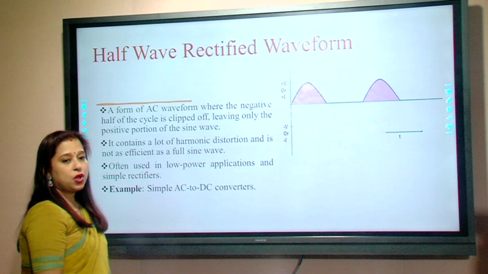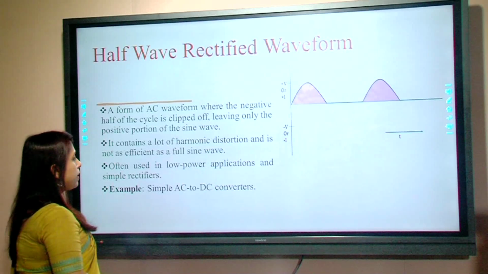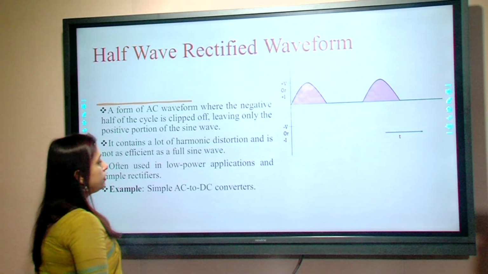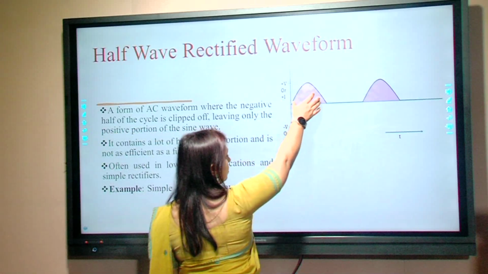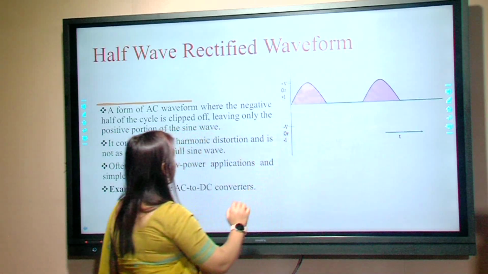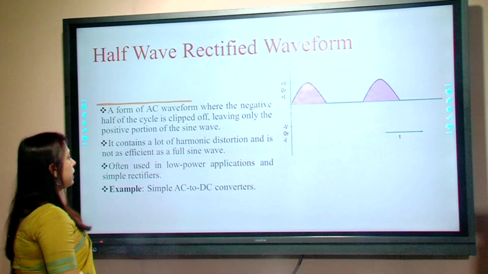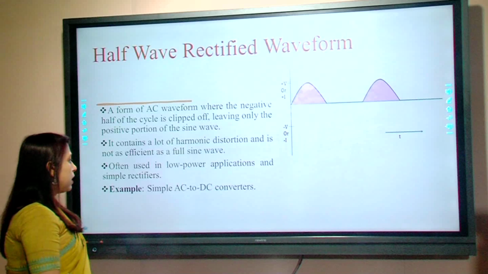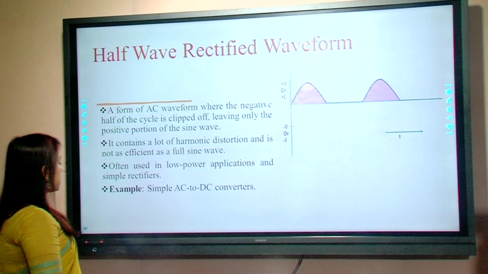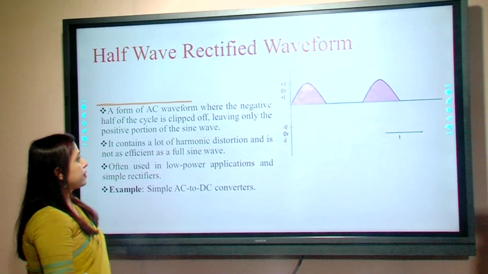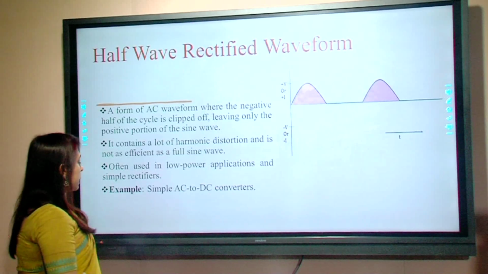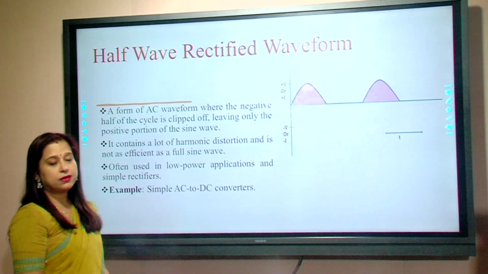So another kind of waveform is the half-wave rectified waveform, where the positive cycles are there but negative cycles are not there. Or we can say the negative half cycle is clipped off, leaving only the positive portion of the sine wave. So this kind of half-wave rectified waveform are used in simple AC to DC converters.